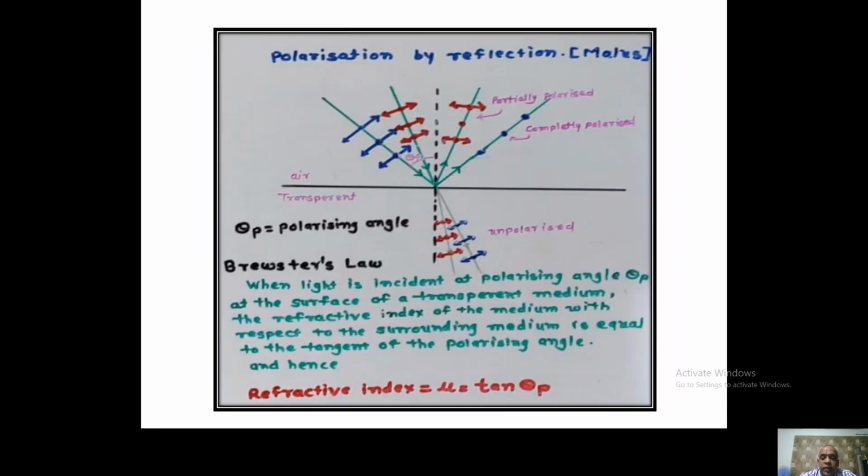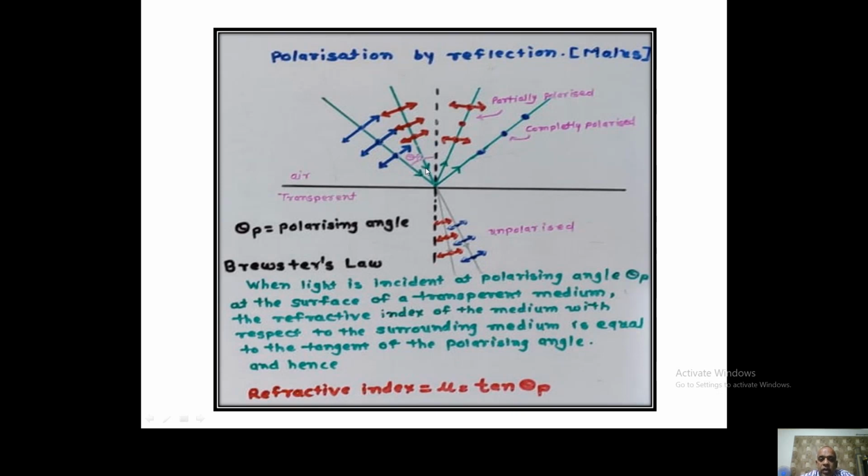Now we want to explain the polarization of light. That means how one can find the polarization of light by using reflection, and this theory was explained by Malus. Now see here, in this diagram, this is a transparent medium and this is the air medium, and consider this to be the normal, and this is the incident ray of light.